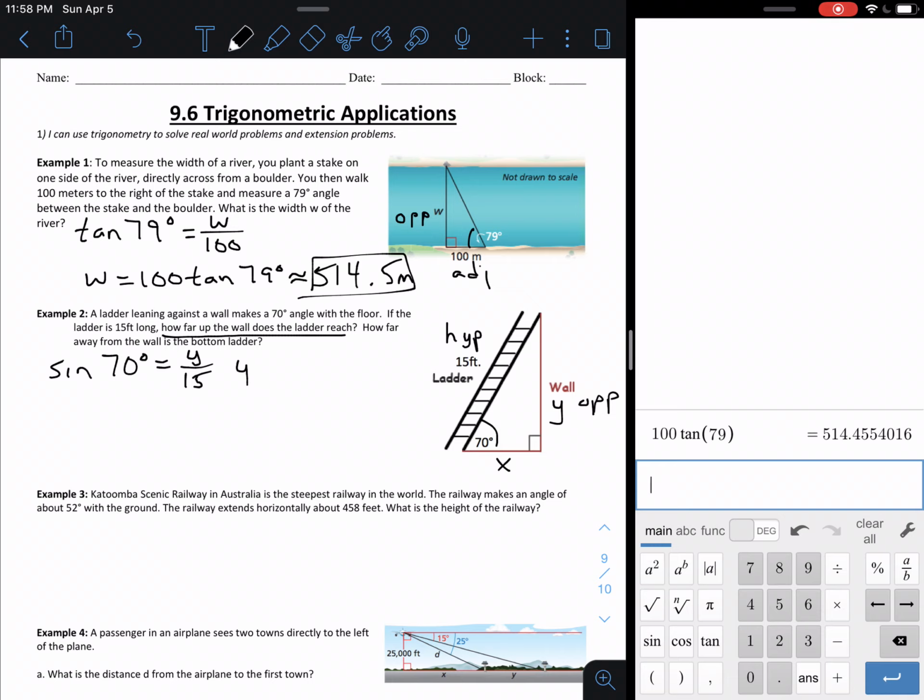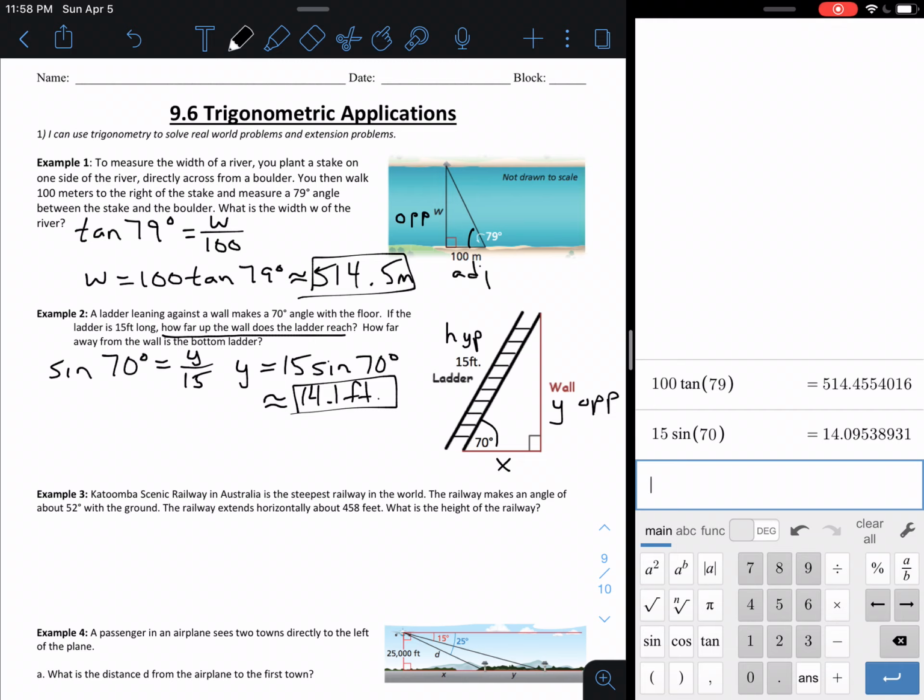And then to solve that, just multiply each side by 15, so Y is equal to 15 multiplied by the sine of 70 degrees. And then for our approximation here, 15 sine of 70 is approximately 14.1 feet. And make sure you're including those labels when you're writing down your final answer.